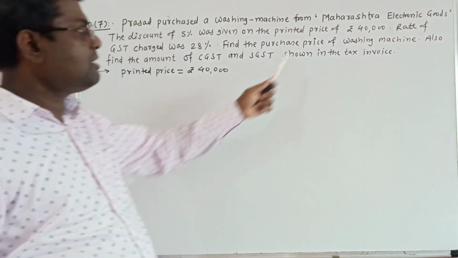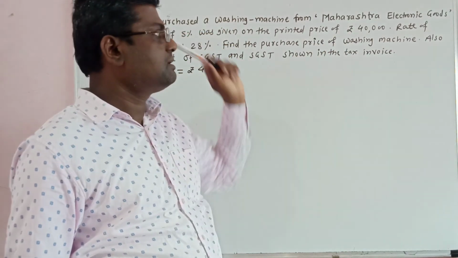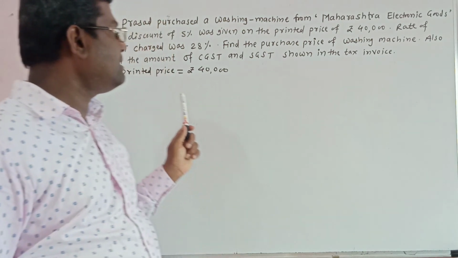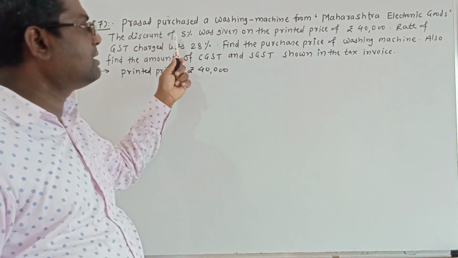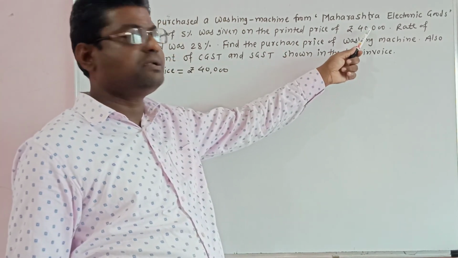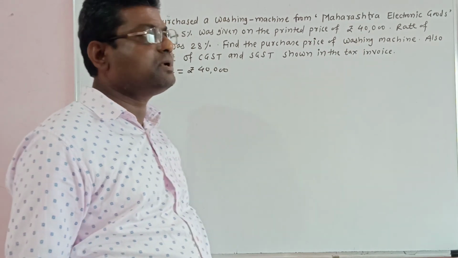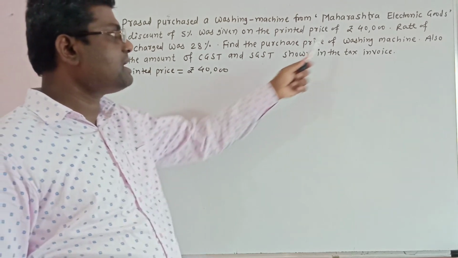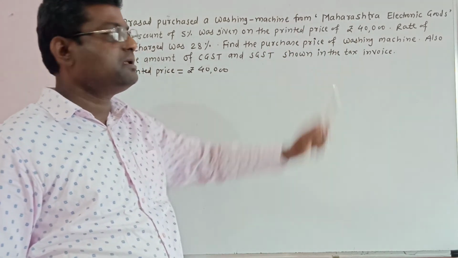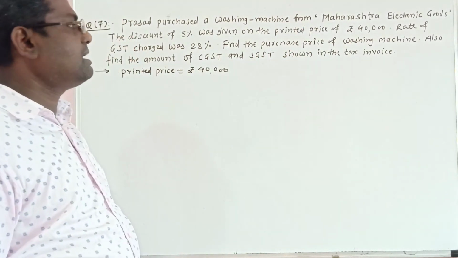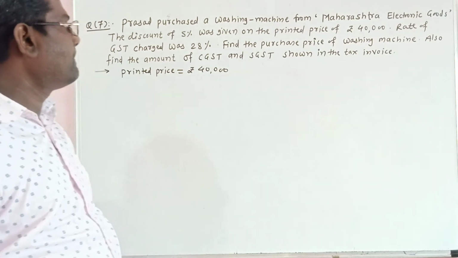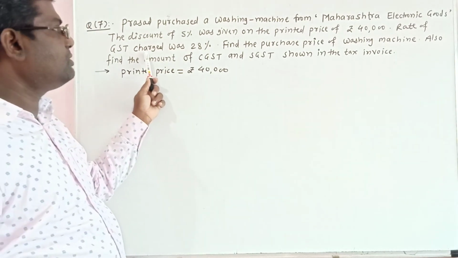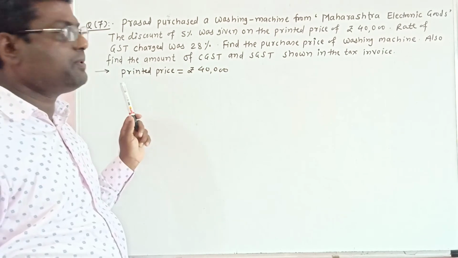Here we have been given the printed price, rupees 40,000, and the discount is 5%. So we have to calculate the discount on 40,000 rupees and then subtract that discount from 40,000 rupees. Then it will be the taxable value. On the taxable value GST is at 28%.